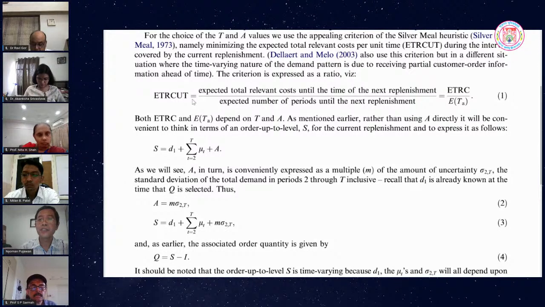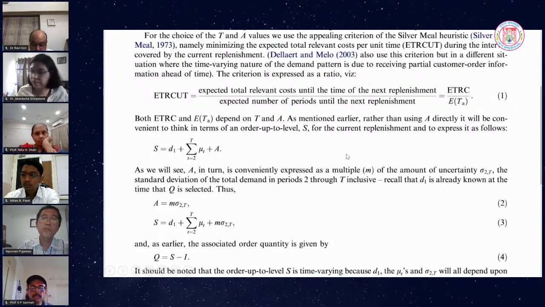Because demand is uncertain, the cost per period can only be obtained in terms of the expected value, not the exact value, because the number of periods that you cover is not deterministic. So here the expected total relevant cost per unit time is the expected total relevant cost divided by the expected interval or time period that you are covering in one order.